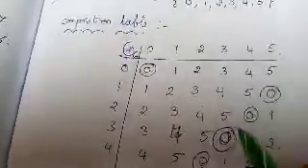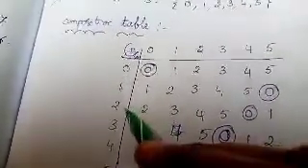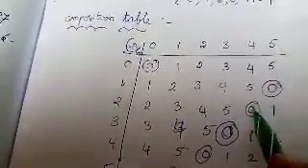Now we check the element 1: here we got 0, and the value above it is 5. Next row, element 2: we got 0, and the inverse is 4. Third row, 3: we got 0, so the inverse of 3 is 3.